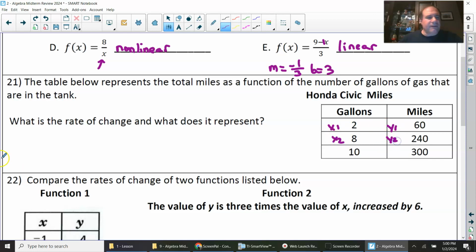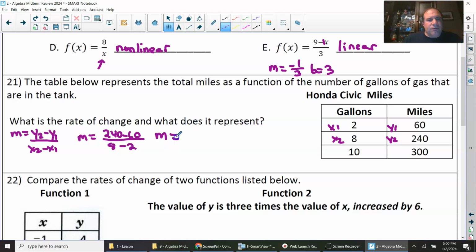Remember, anytime you're figuring out the rate of change, you are busting out that y2 minus y1 over x2 minus x1 formula. And y2 is, in this case, 240, minus 60, and we have 8 minus 2.